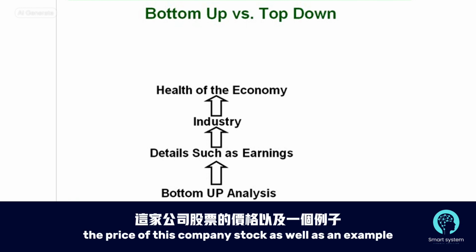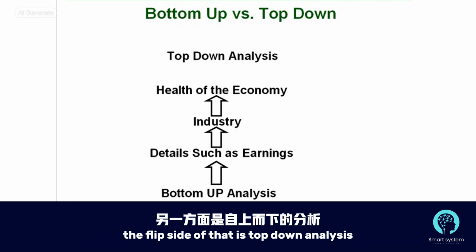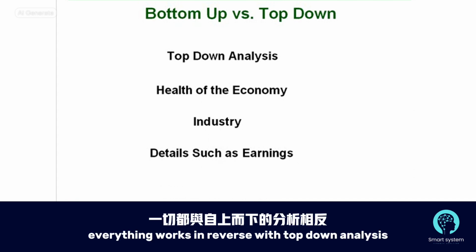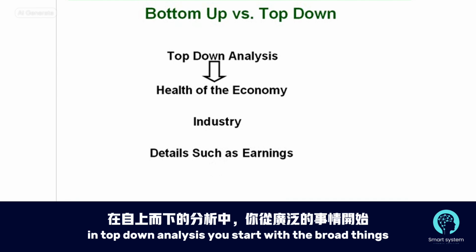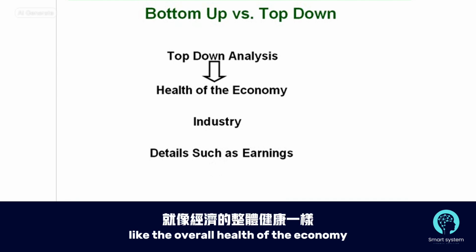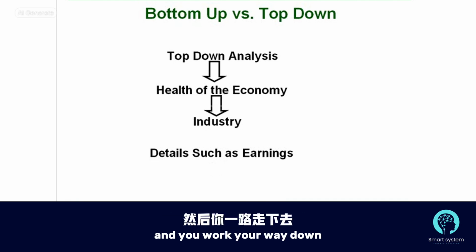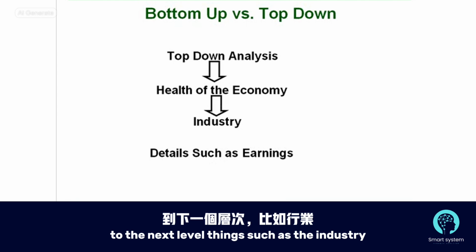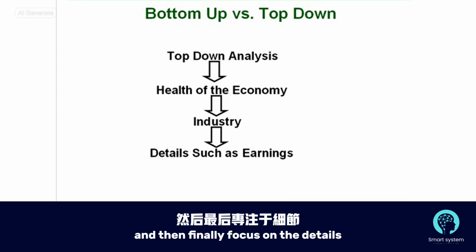The flip side of that is top-down analysis, and very simply, everything works in reverse. In top-down analysis, you start with the broad things, like the overall health of the economy, and you work your way down to the next level, such as the industry, and then finally focus on the details.